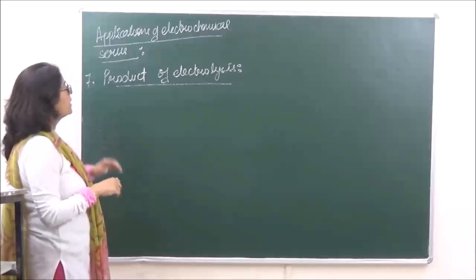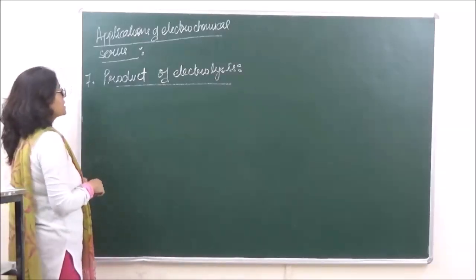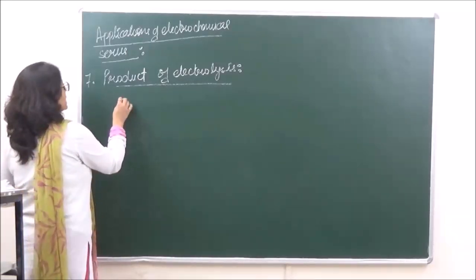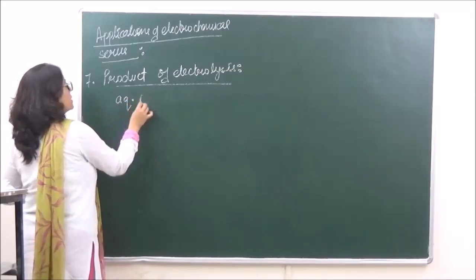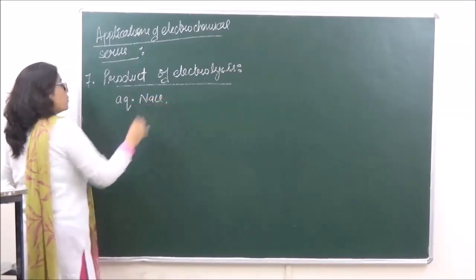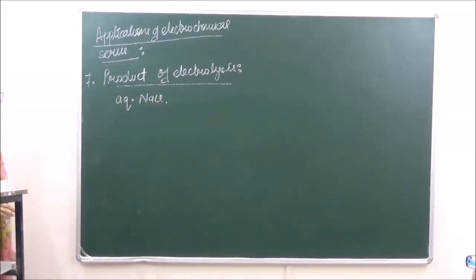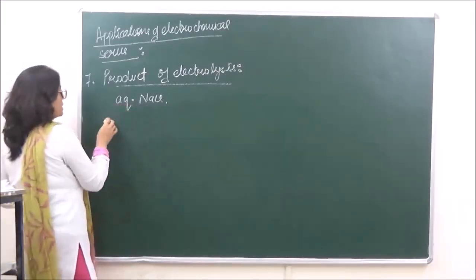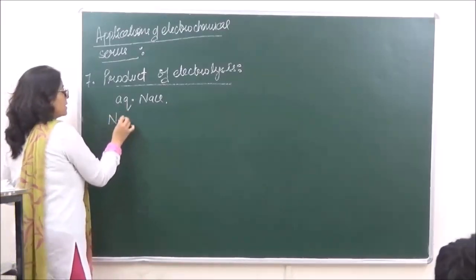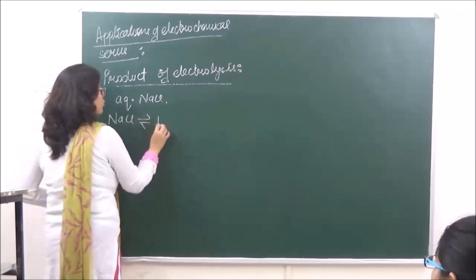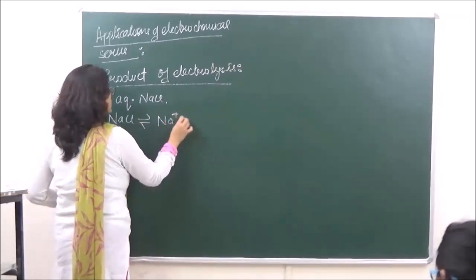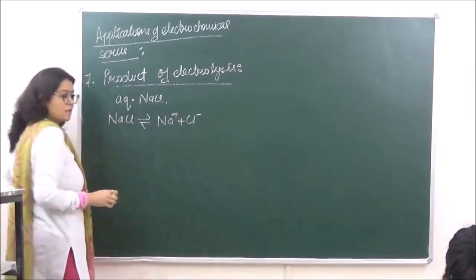So when we are doing that, for example, let's take the electrolysis of aqueous NaCl. When we are doing aqueous NaCl, that is going to decompose into Na positive plus Cl negative.